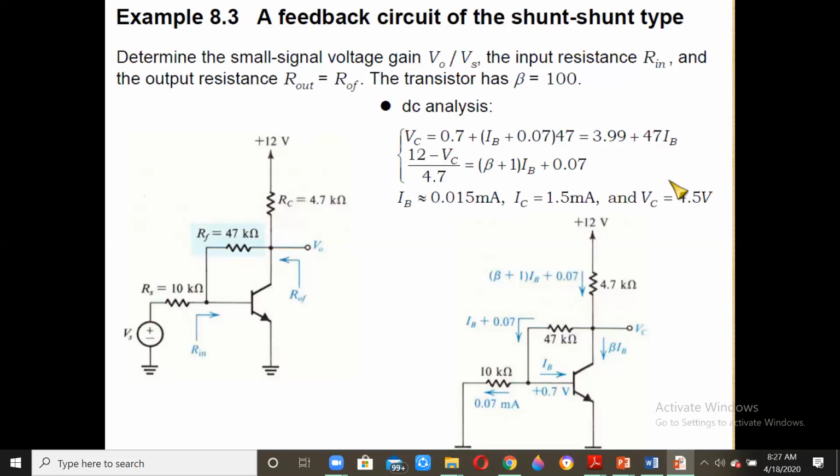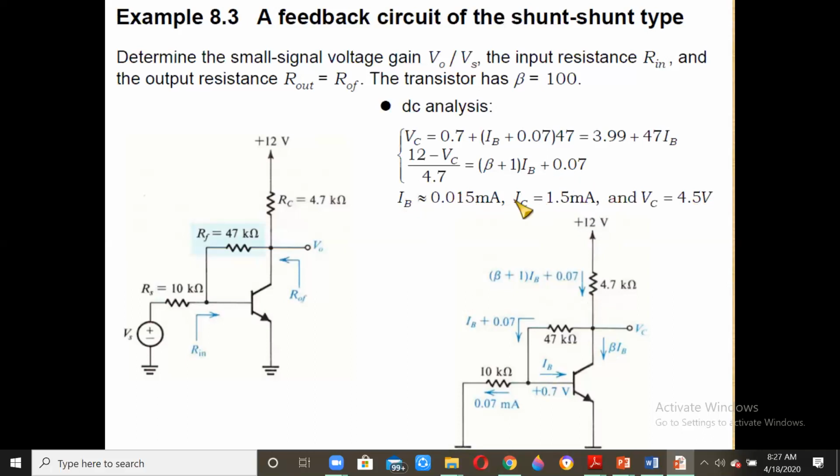Substituting VC equal to 4.5 volts, IB is approximately 0.015 milliamperes. IC is beta IB, and since beta is 100, we get 1.5 milliamperes.